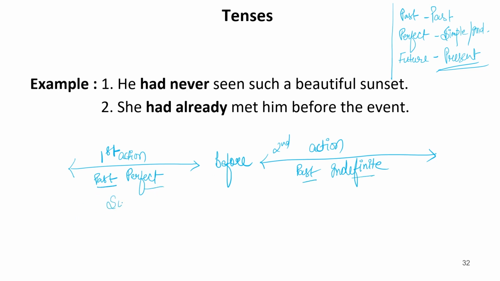So here the sentence will be subject plus had plus verb third form. Then we have the conjunction before. Now before states something which is first. So before this we will write the first action, that occurred first, and then we'll write the second action, in past indefinite tense, that is subject plus verb second form.